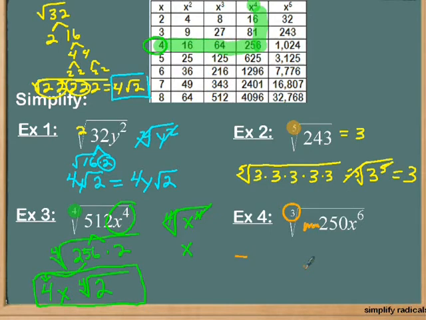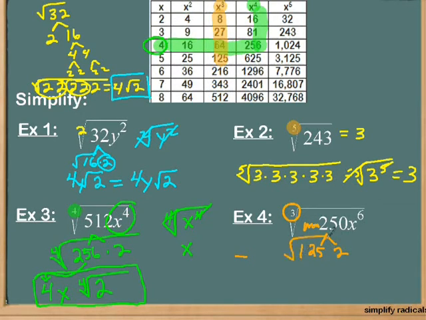250, third. So I've got to go up to the 3 and see if I can take out something from this 250. And as I slide down, I do not see anything that's 250, but I do see that 125, and I know if I double it, that will come out. So let's go ahead and break this apart to 125 times 2.